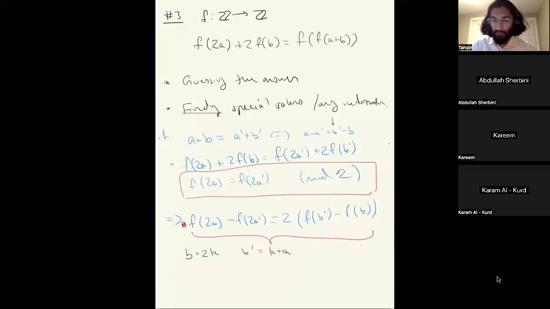Okay, a prime equals k. So the difference is what? a minus a prime is a minus k, and b prime minus b is 2k plus a. Good.